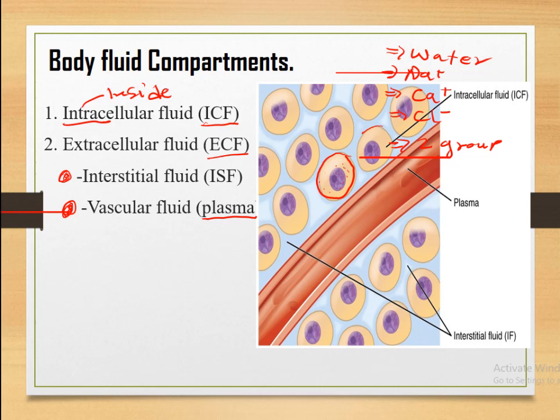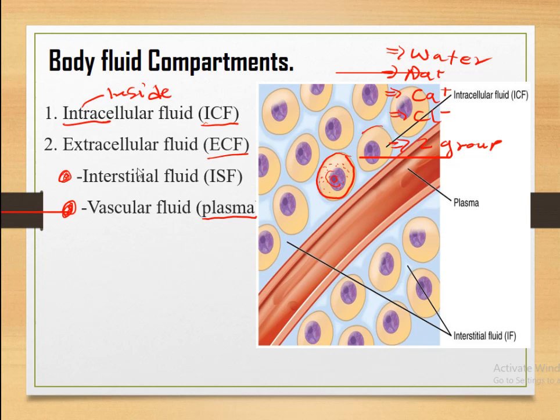So the intracellular fluid is just the liquid or fluids that are inside the cell. We can see the nucleus here, the nucleolus there, and the inside, which is composed of the cytosol. This is what we are calling the intracellular fluid. Intra means inside.